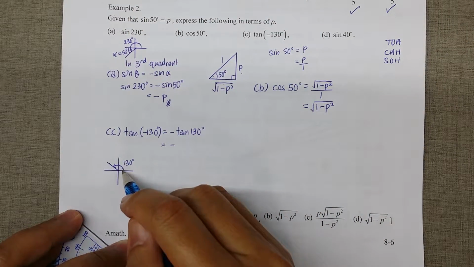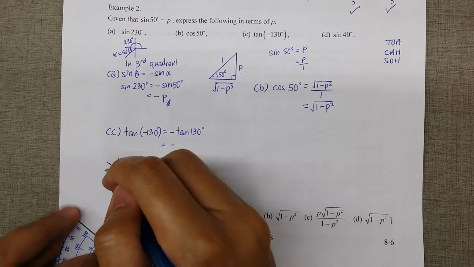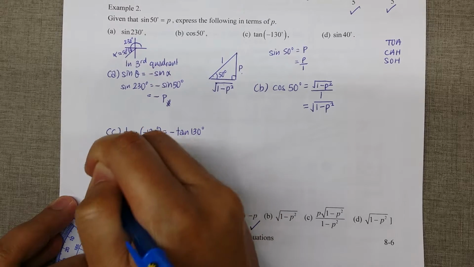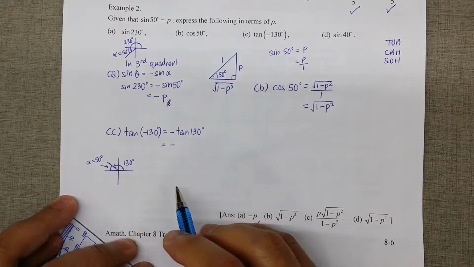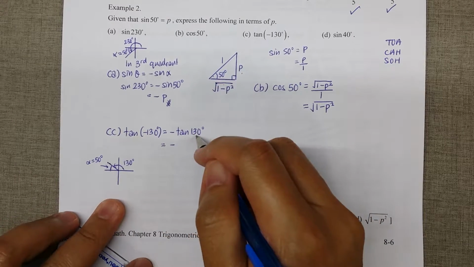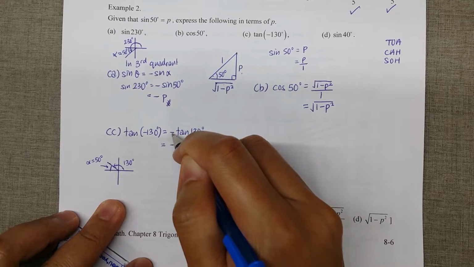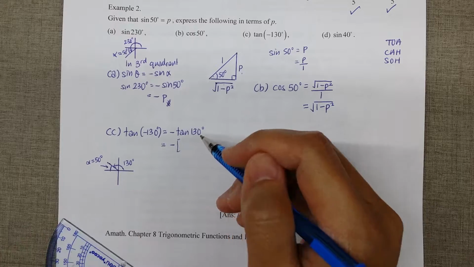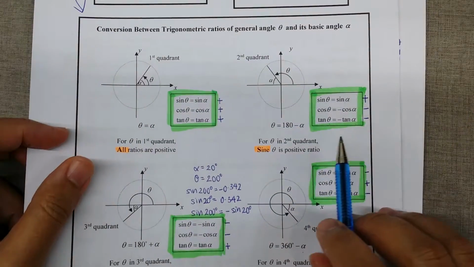If this is 130, can you recall how we find alpha, basic angle? This will be alpha, right? Alpha will be 50. Okay? So tangent 130. The negative remains because it comes from the previous part. So tangent 130, look at the second quadrant.